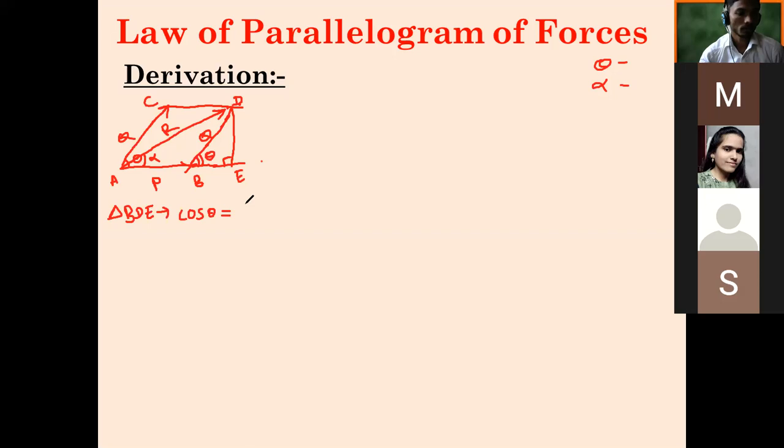BE upon BD. Then from this we have to calculate the value of BE. So BE will become BD into cos theta.